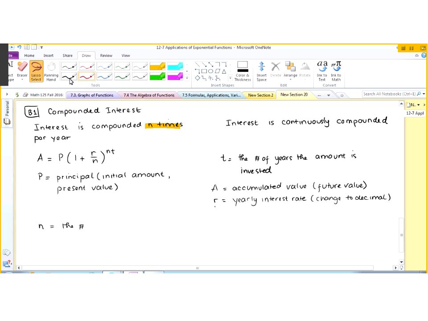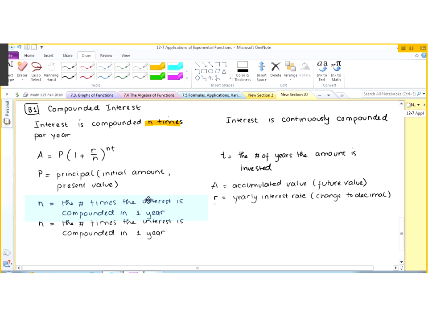But the only one that works specifically for this formula is N. N is the number of times the interest is compounded in 1 year.